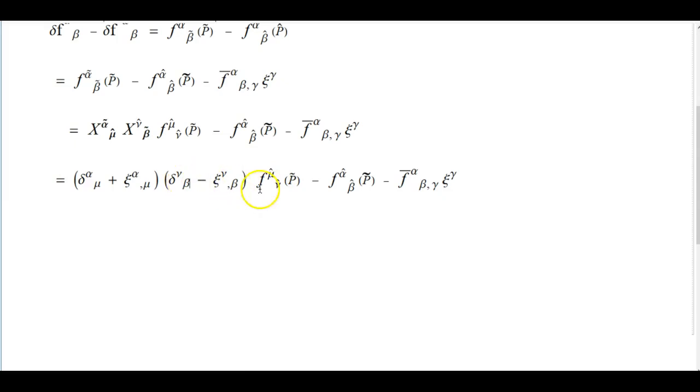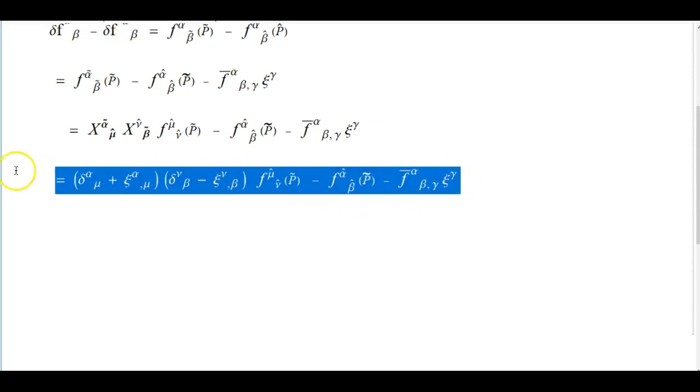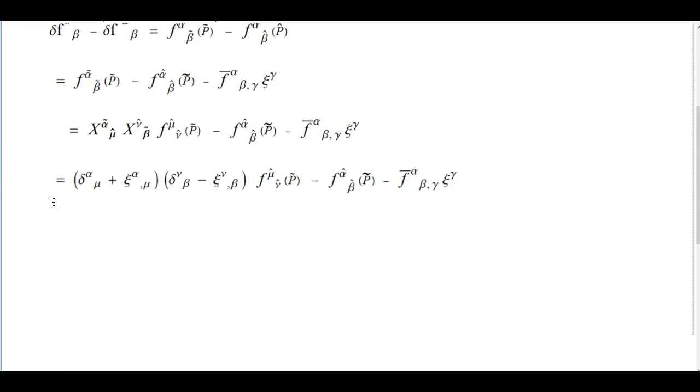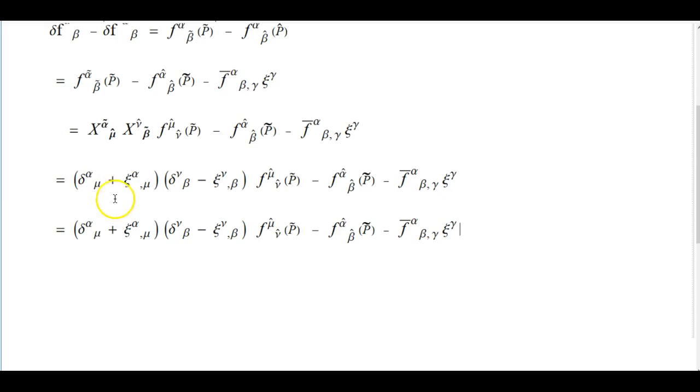Yeah, this looks good. And now we can drop the second order terms and keep only the first order terms. And we learned in the last exercise how to do that. Delta alpha mu with delta nu beta, we can keep that term.